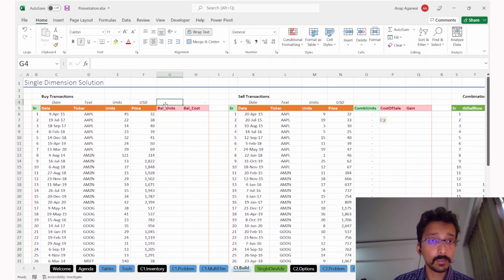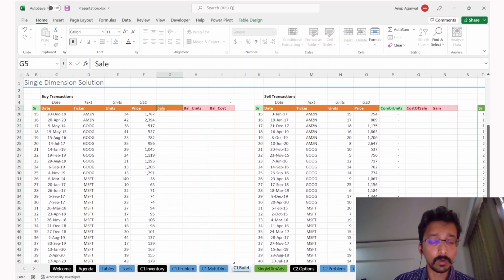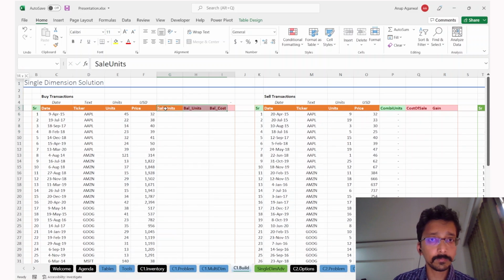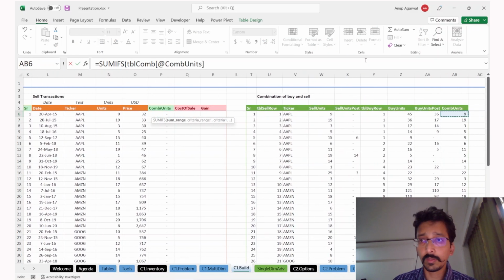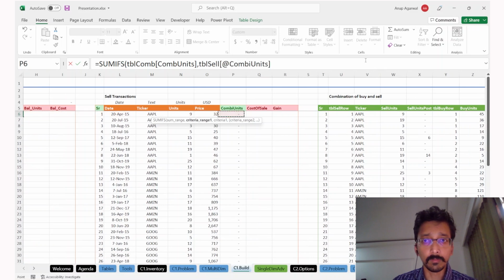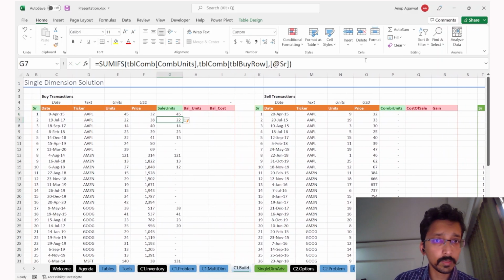Over here, I'll probably add a helper column called sale units. I'll format it like this, and I'll do a sum ifs here on the combination units, where the table by row is this.